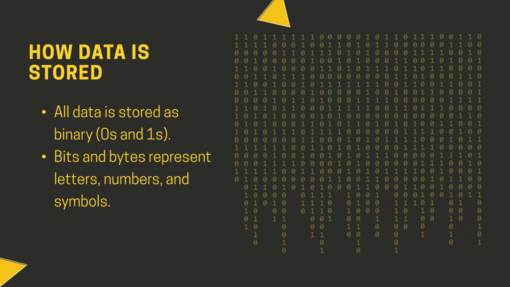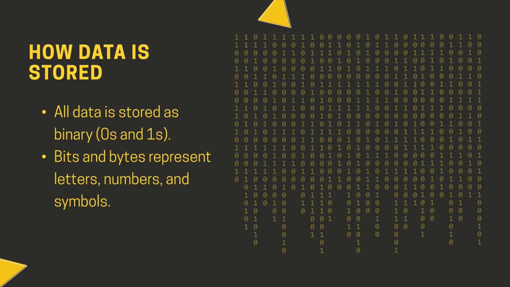Now, computers don't understand words or pictures the way that we do. Everything, like text or images or videos, is stored as binary, which is a series of zeros and ones. One small unit of data is called a bit or a binary digit. And then 8 bits make up a byte.